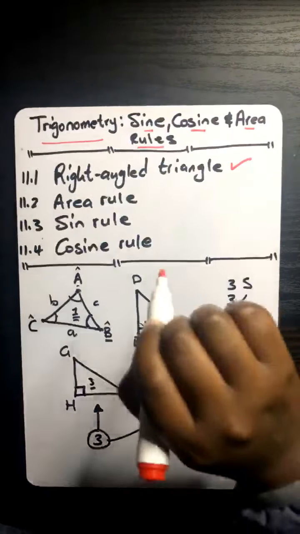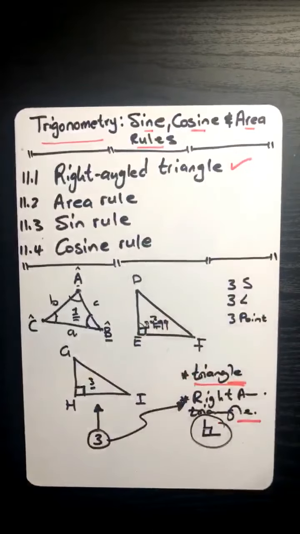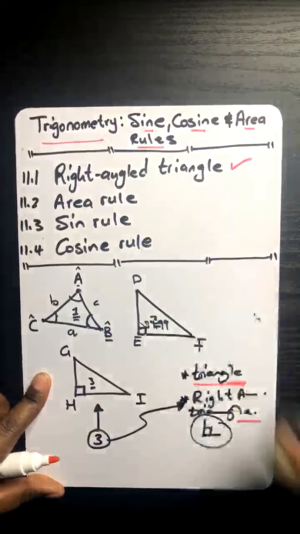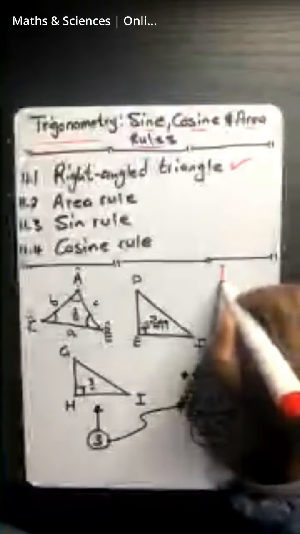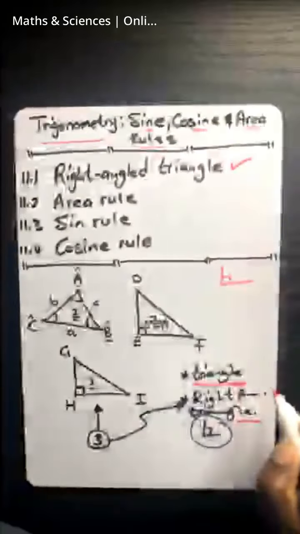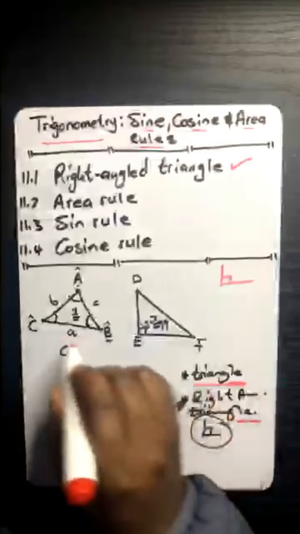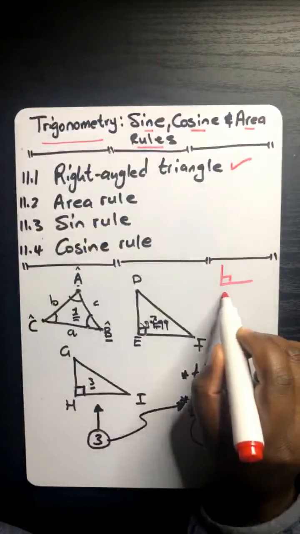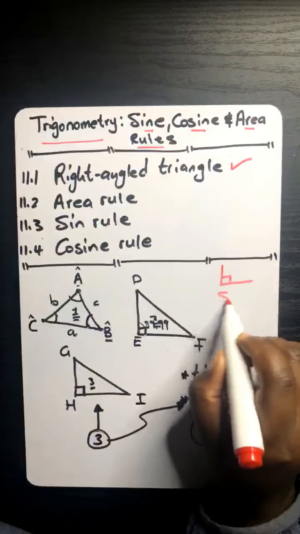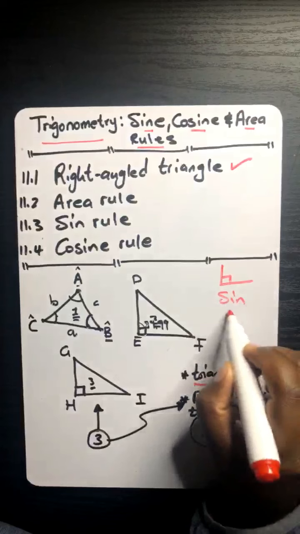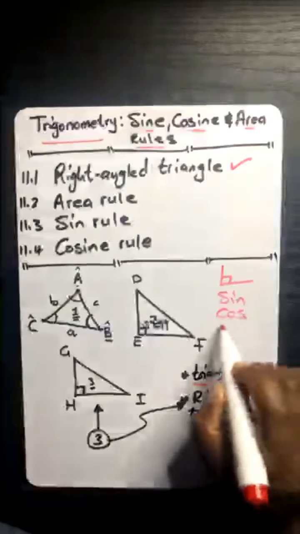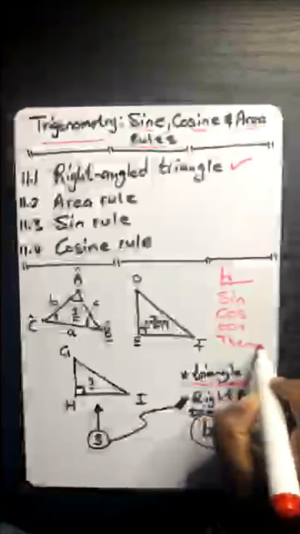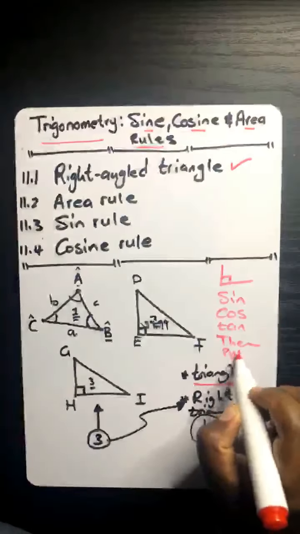The reason it is important is that when we have a right-angled triangle, which is triangle number 3 in this case, we can use the trigonometric ratios sine, cos, tan, and lastly the theorem of Pythagoras.